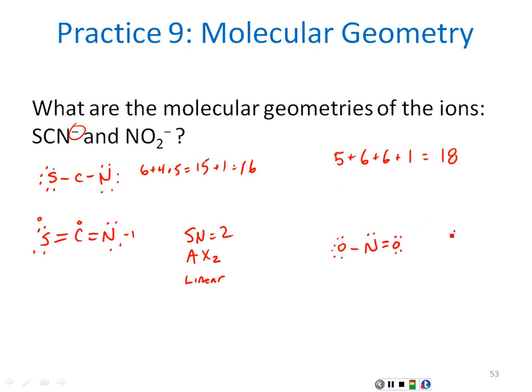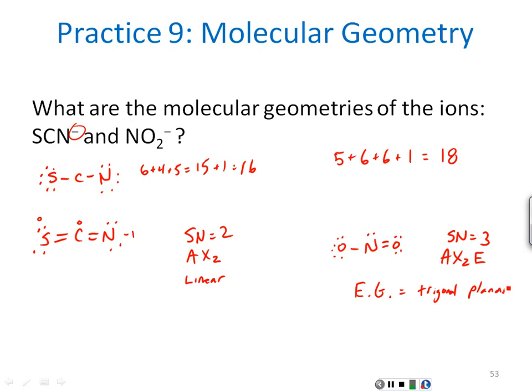So what is the steric number? The steric number is going to be 3. Nitrogen has 2 atoms bound to it and 1 lone pair. So that formula is AX2E. What's the electron geometry? Well, for a steric number of 3, the electron geometry will be trigonal planar.